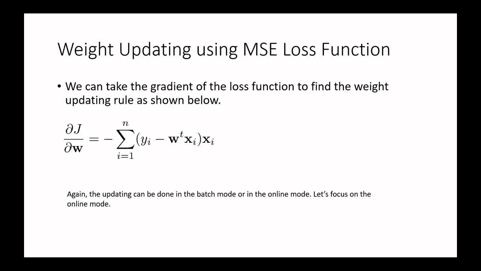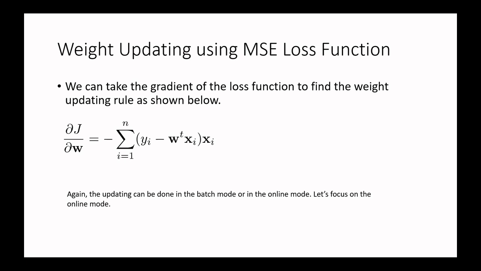Now, this is the value of the gradient over all the examples. When we apply gradient search using all the examples to figure out the next value, that search method is called batch mode. That is, we are looking at the entire batch of examples, calculating the error, and then making the correction.